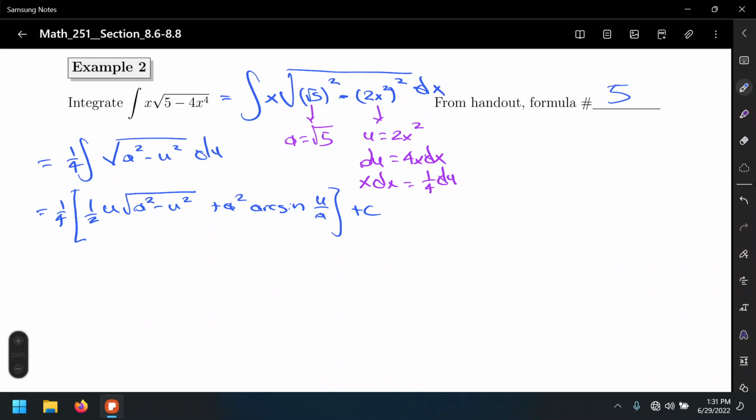So let's substitute what we got for u and what we got for a. But let me keep this 1/4 still outside.